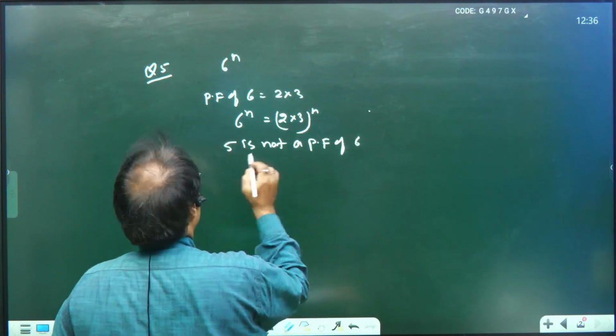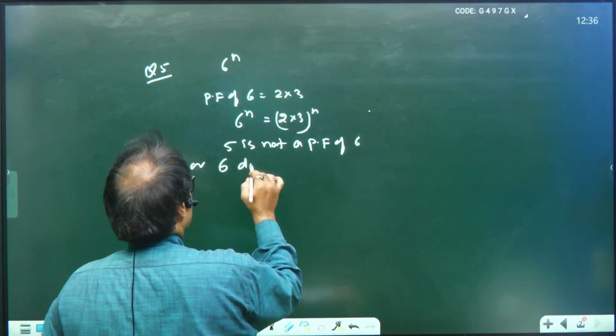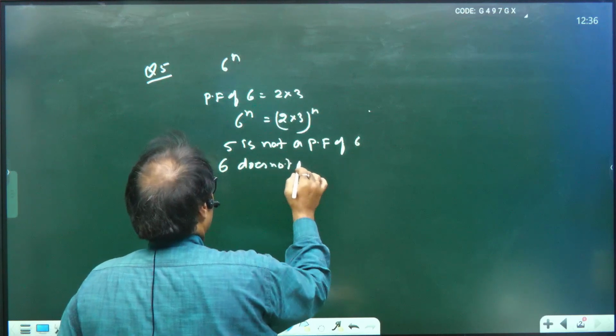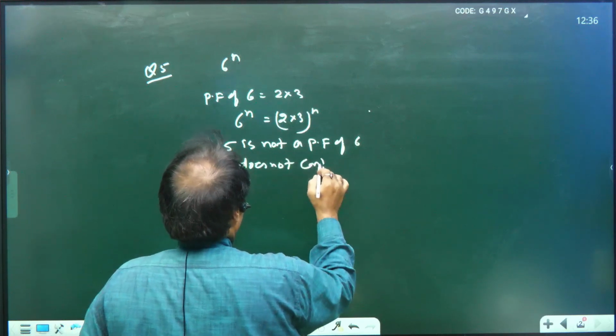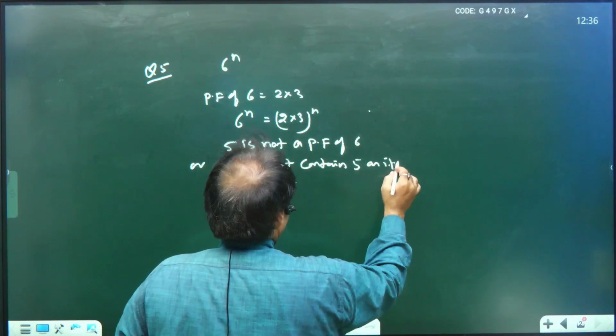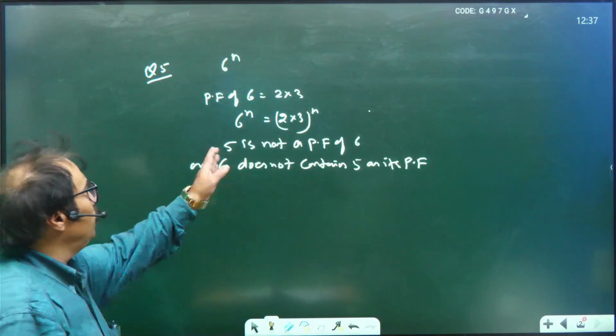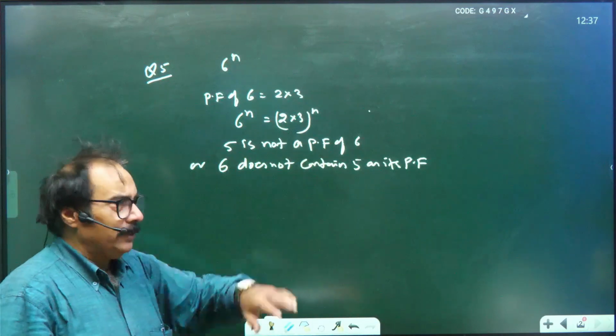Or you may write: 6 does not contain 5 as its prime factor. Any language you can use. So simply you may write: 5 is not a prime factor of 6.